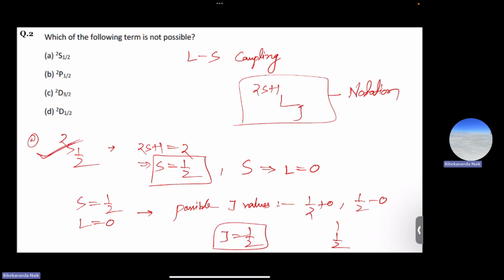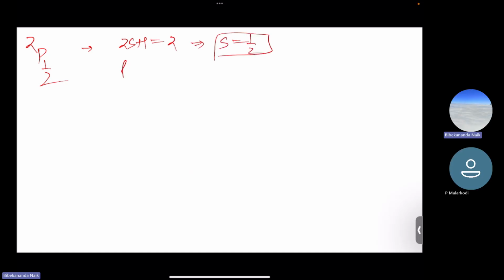Then we will think about 2P half. For 2P half, similarly 2S plus 1 is 2, which gives S is half. For P, L is 1. So for S half and L 1, J values will be 1 plus half and 1 minus half.